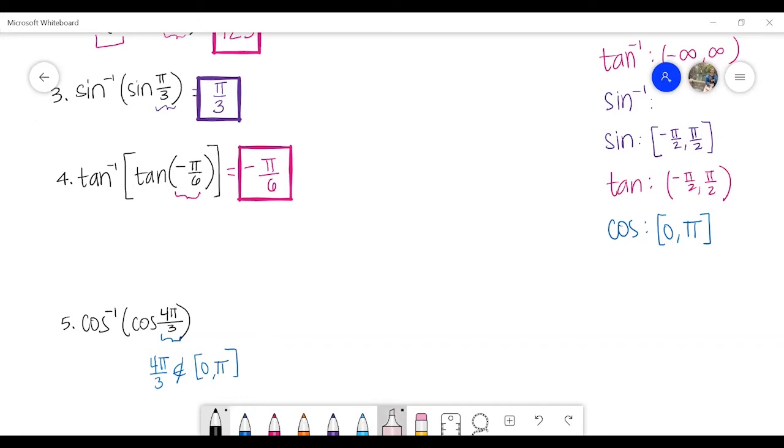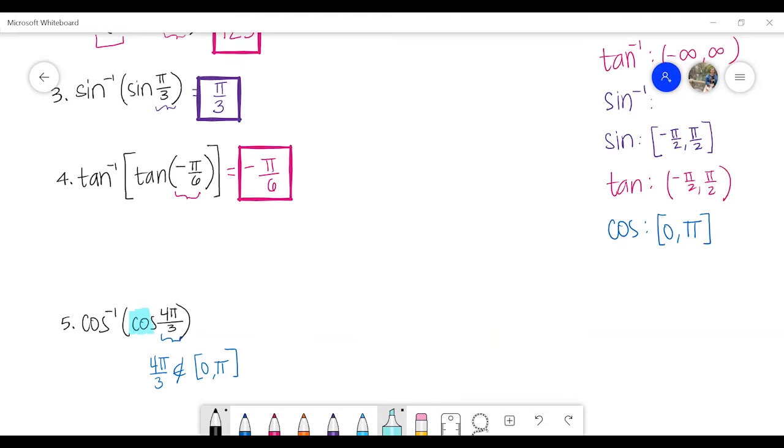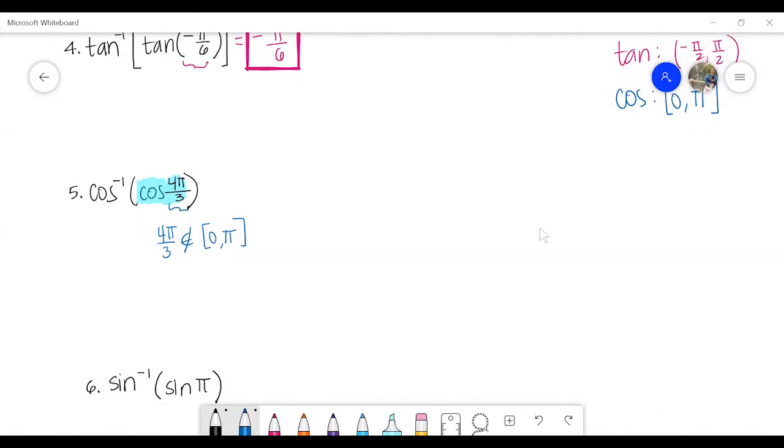Again, we're going to emphasize this inner portion for just a minute, and we want to figure out what cosine of 4pi/3 is. Over off to the side somewhere, we've got cosine 4pi/3. Well, that 4pi/3 belongs to the third quadrant.